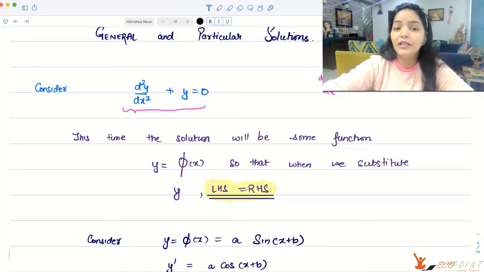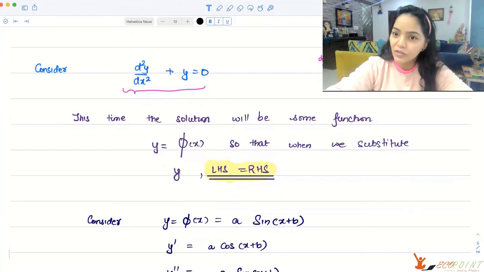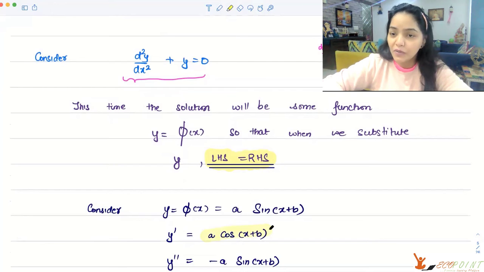Clearly, when you differentiate this function once, you will get y dash. Y dash, as I told you in the previous lecture also, is dy by dx. That would be a times cos of x plus b. And when you differentiate it again with respect to x, you will have y double dash, and since the derivative of cos is minus sine, it will be minus a sine of x plus b.